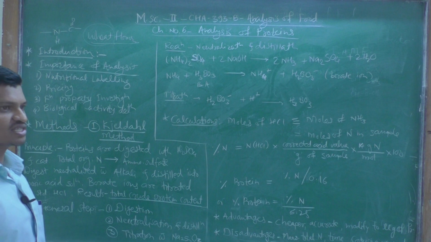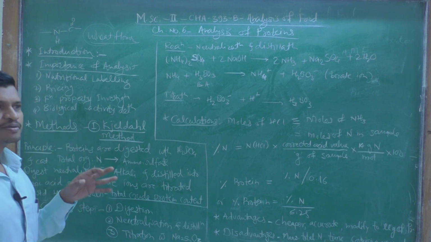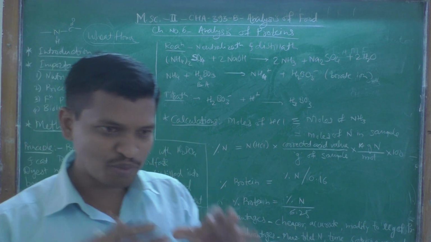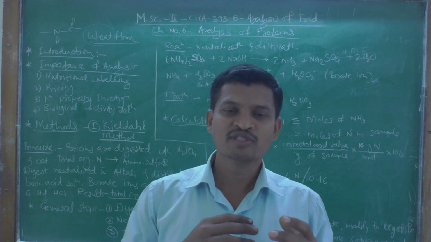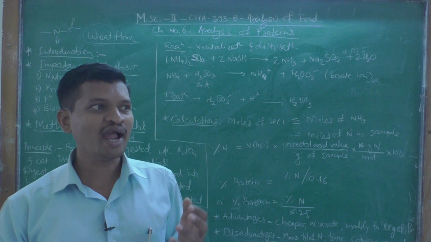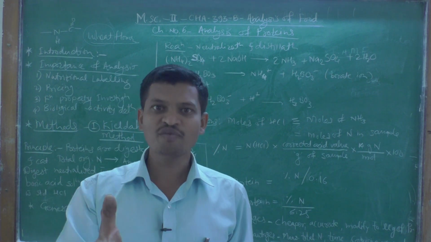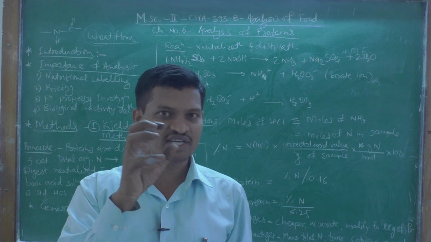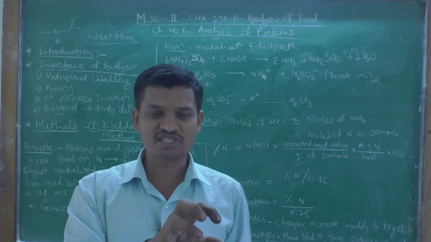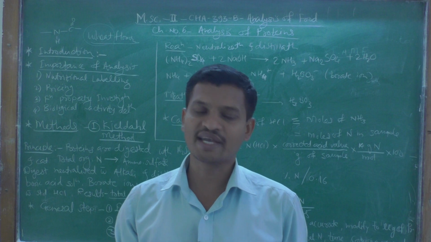Now what is this process actually? The principle of this Kjeldahl method is that the proteins present in the food sample are digested with the help of sulfuric acid, that is H2SO4, and a catalyst. So the food material containing proteins gets digested in sulfuric acid in the presence of a catalyst.